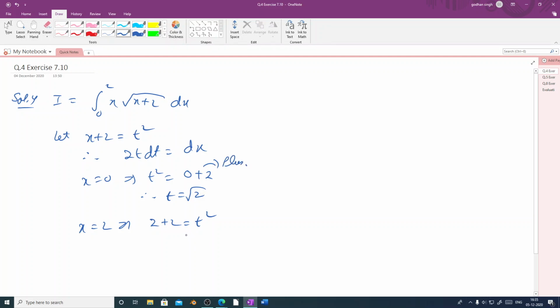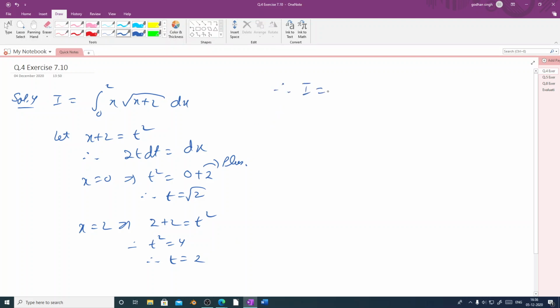Now moving back in our steps, we have got here 2 plus 2 equal to t square. Therefore t square equal to 4, or t equal to 2. Again we will not take minus. Now we'll put these values in I and see what we will be getting.